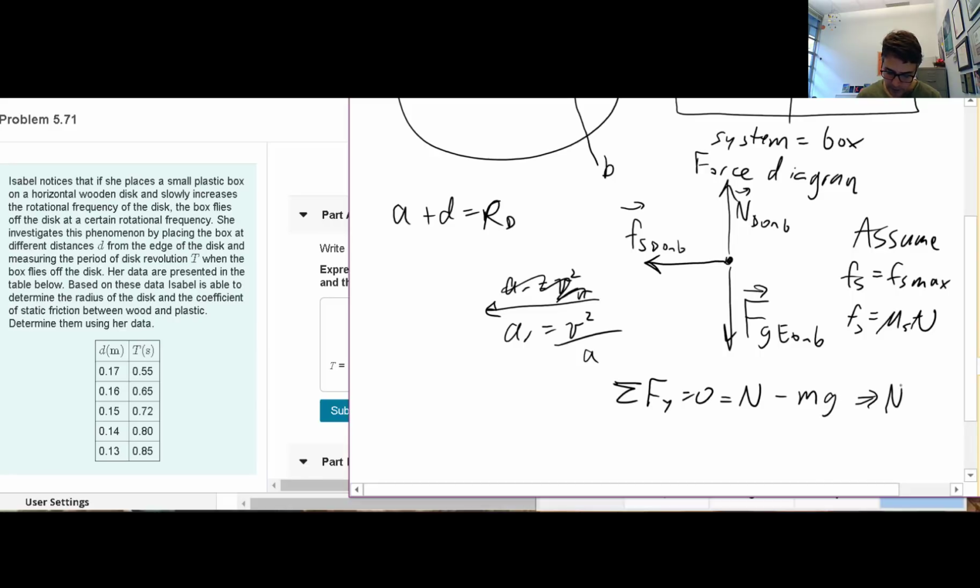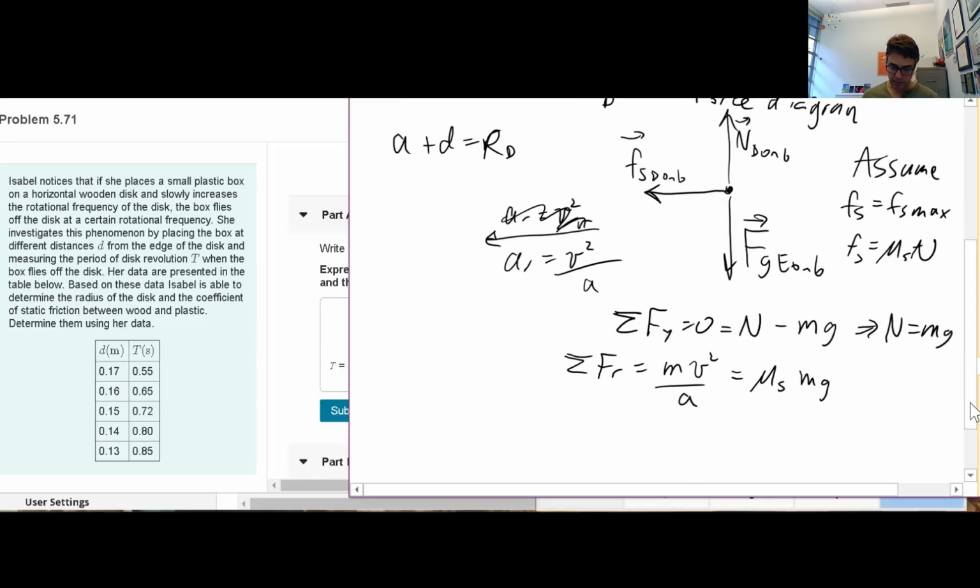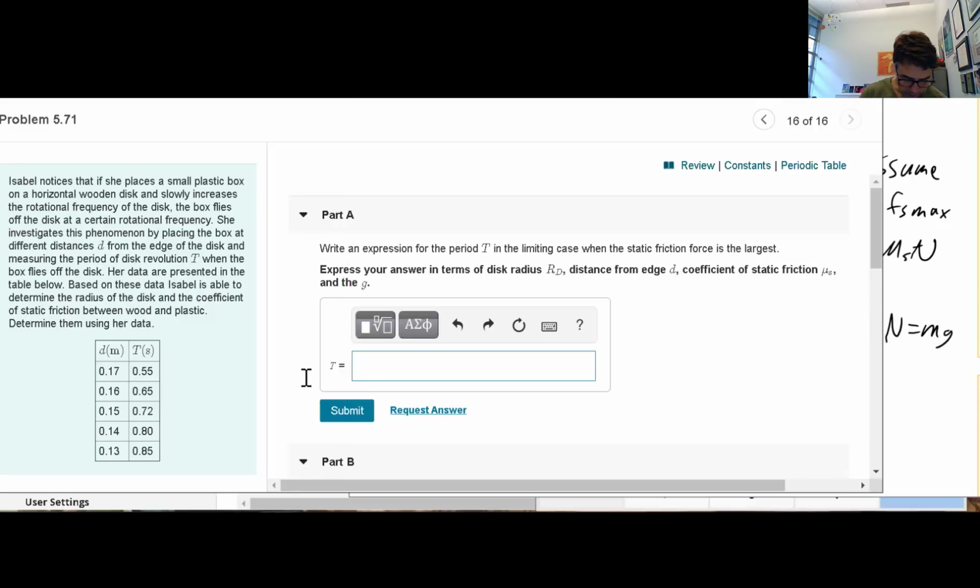So the normal force equals mg, as it often does in these problems. And then the sum of the forces in the r direction is equal to the mass of the object times v squared over a, the a sub r. That's going to be equal to just mu sub s times m times g. It's just the static friction force, which is the maximum. And the m's cancel.